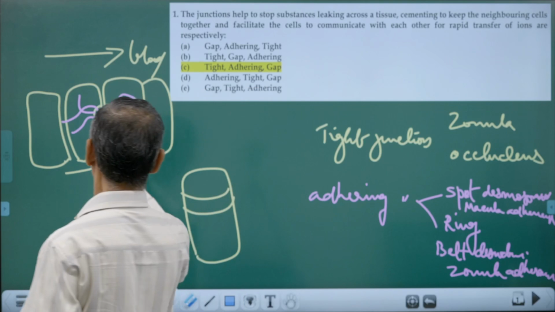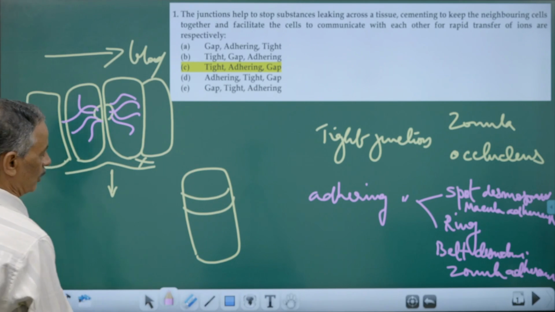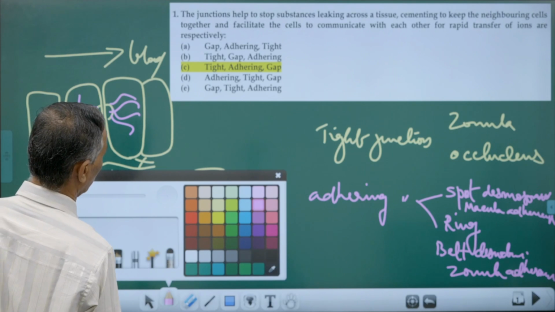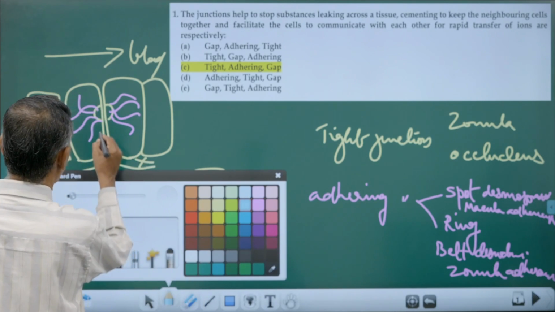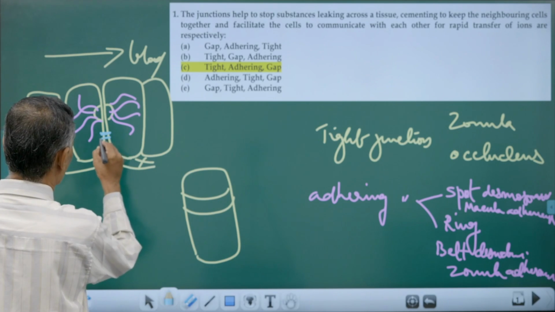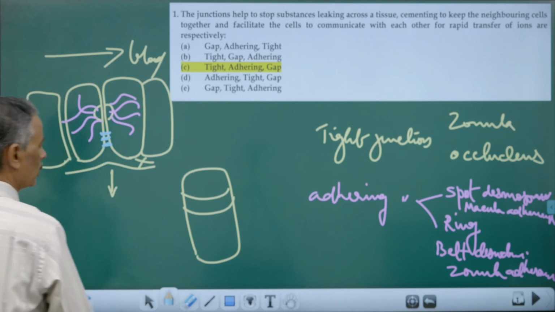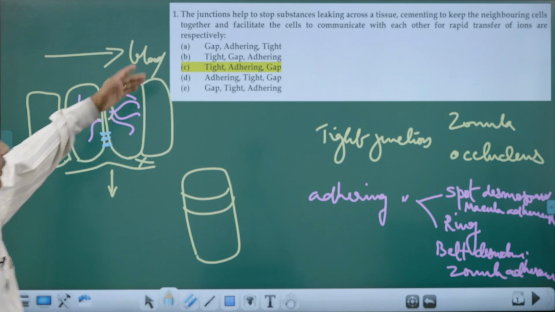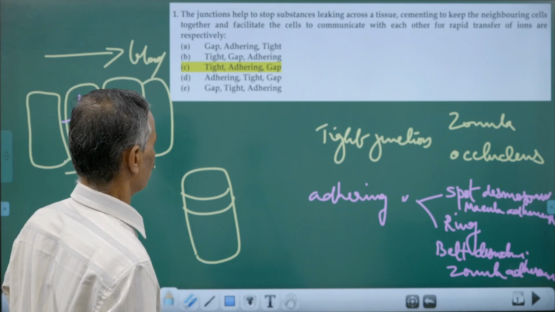See, you have cells which are compactly arranged, and for easy communication between the cells, there are very small cytoplasmic connections through which small molecules, ions, etc. may be exchanged, so that will increase the ease of communication. That is called gap junctions.